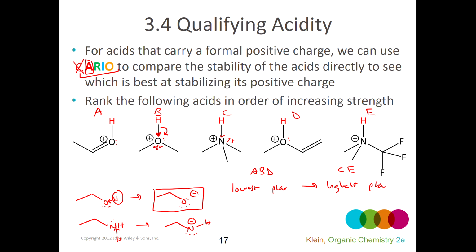All right, so we're looking at A, B, and D. And so what are the differences? Well, each one, it's an oxygen carrying the positive charge. So then I got to look for resonance. Is there resonance to stabilize the positive charge in any one of these? Well, let's take a look at this first one, A. Yeah, there is. I have a pi electron pair shared between elements of different electronegativity, so I can shift the pi electrons, I can move them to the oxygen.